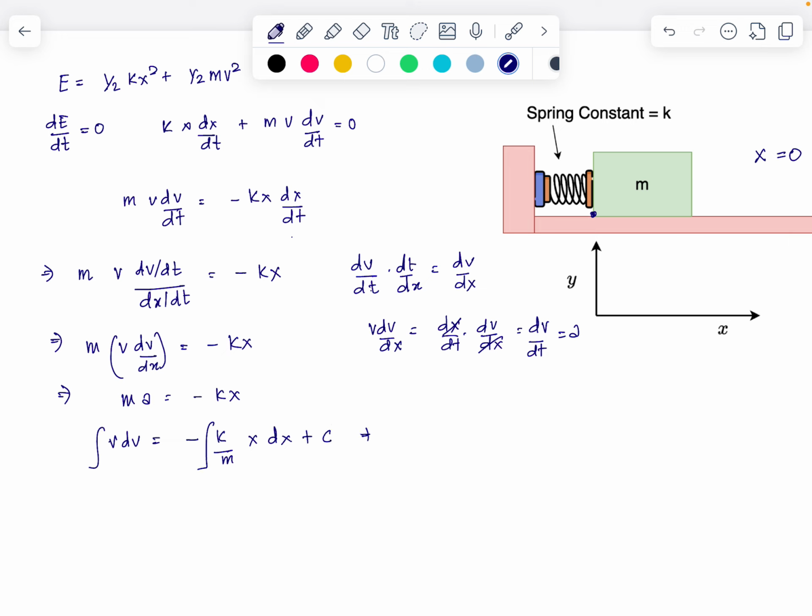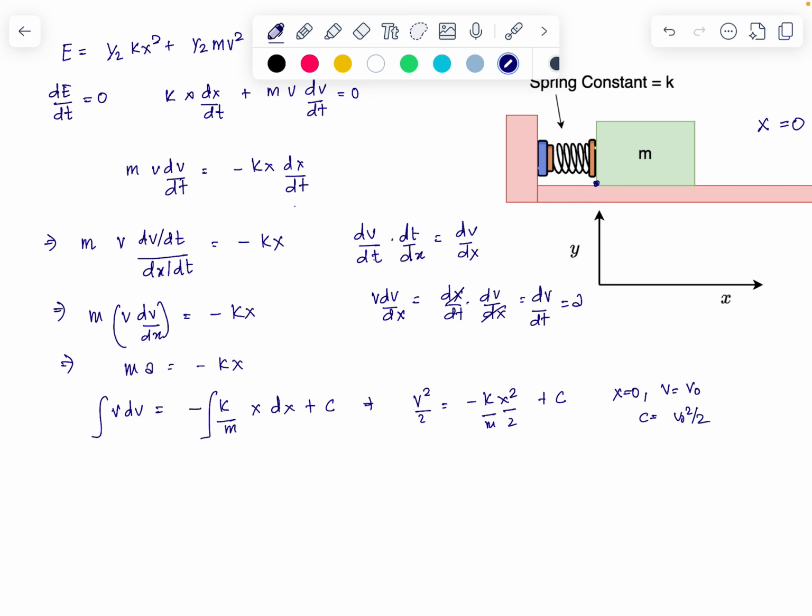When we do that, we get v square divided by 2 equals minus k over m times x square divided by 2 plus a constant. When x equals 0, we have the initial condition that v equals v0. Therefore, the constant equals v0 square divided by 2. So here we get the expression v square equals minus k over m x square plus v0 square.